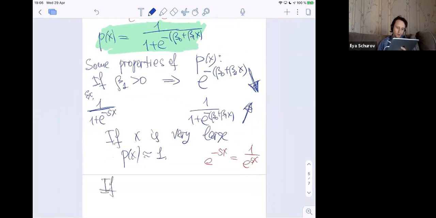So if x is very small, I mean very negative, what can I say about this expression?